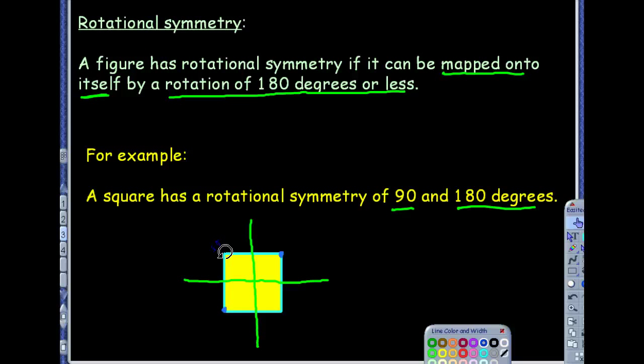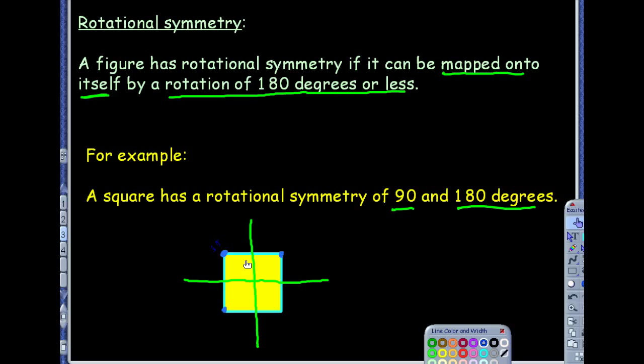So we did 90 degrees, ended there, 180 degrees, ended here. If I do 270 degrees counterclockwise, I end here, which maps to itself, but that's the same thing as 90 degrees clockwise. If I turn to the right, clockwise, it's the same thing.